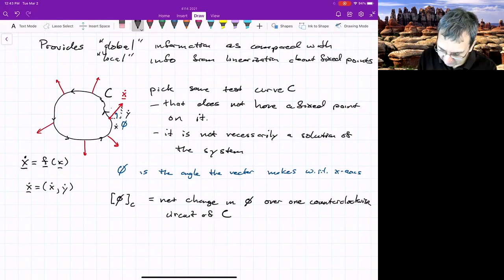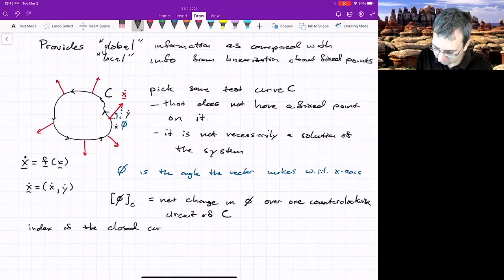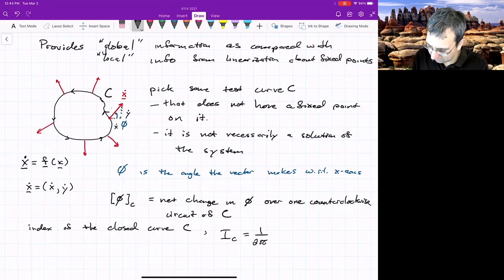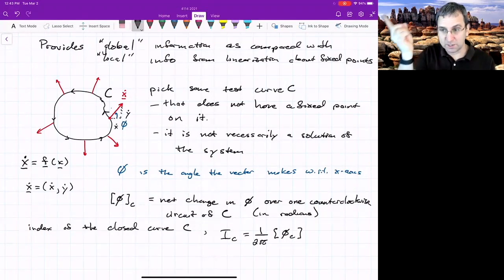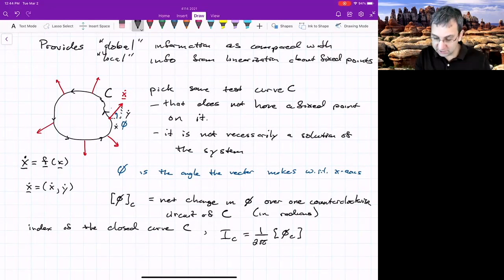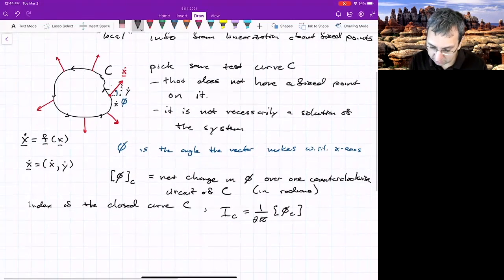We define the index of the closed curve C as I sub C equals 1 over 2 pi, and then this net change. So we're measuring the net change in the angle in terms of radians. So I sub C is the net number of counterclockwise revolutions made by the vector field as we move our point once counterclockwise around C.